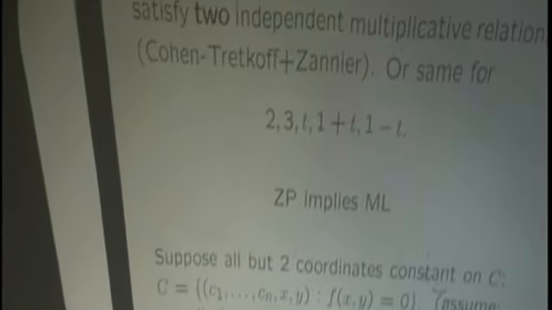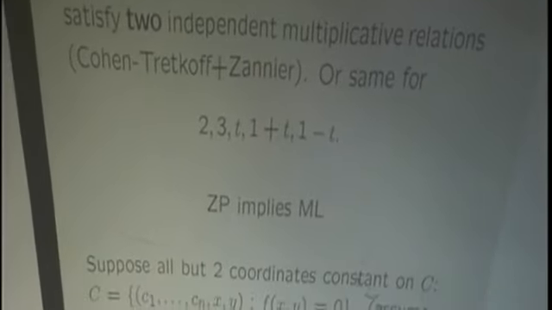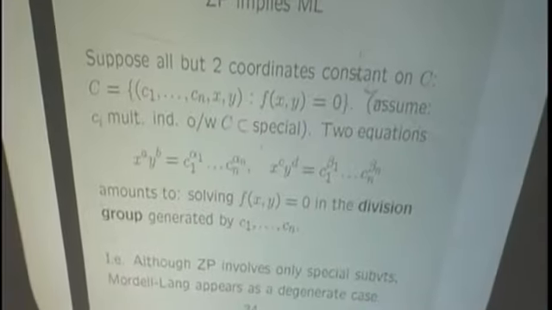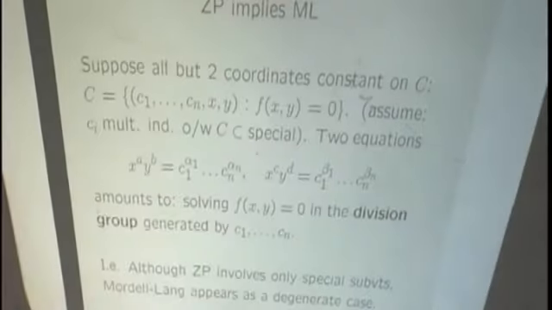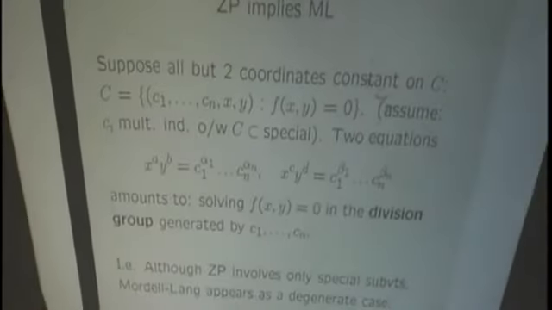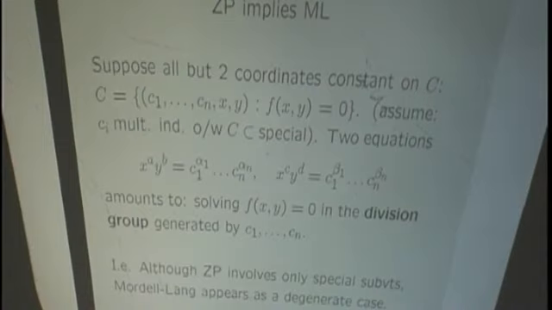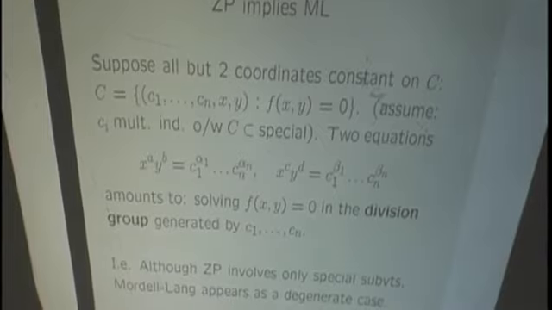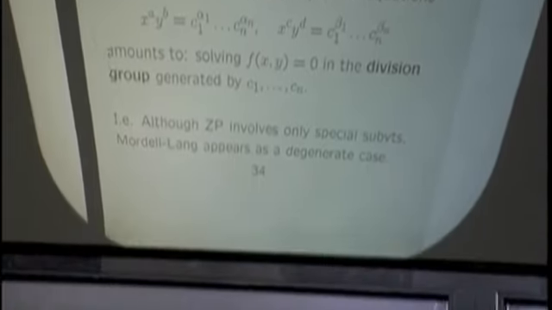If you have a curve in C to the n, you can imagine that this curve has all but 2 coordinates constant. So your curve looks like c_1 up to c_k, and then x, y. If you have two multiplicative equations, it amounts to solving f of x, y equals 0 in the division group of the c's, which is the Mordell-Lang problem in that case. So although Zilber-Pink only involves special points and special subvarieties, it implies Mordell-Lang as a kind of degenerate case.